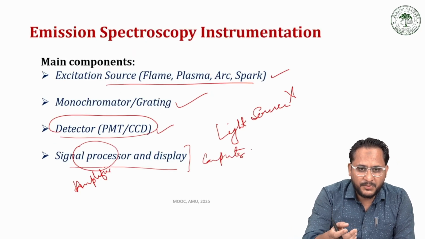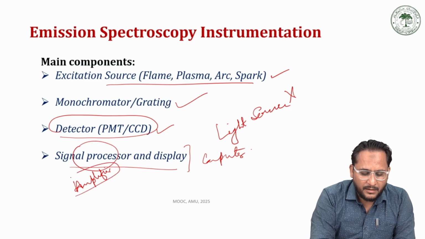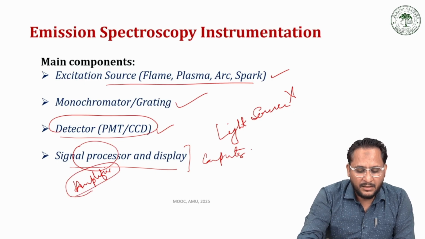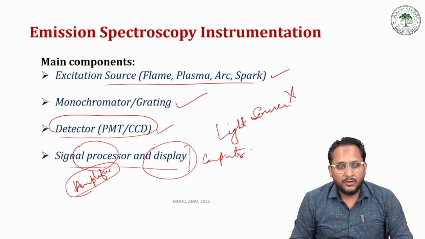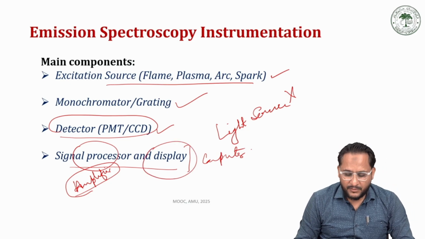Since in emission spectroscopy the light intensity is very low, we use an amplifier which amplifies the signal, and that amplified signal is displayed on the computer for easy understanding of the user.